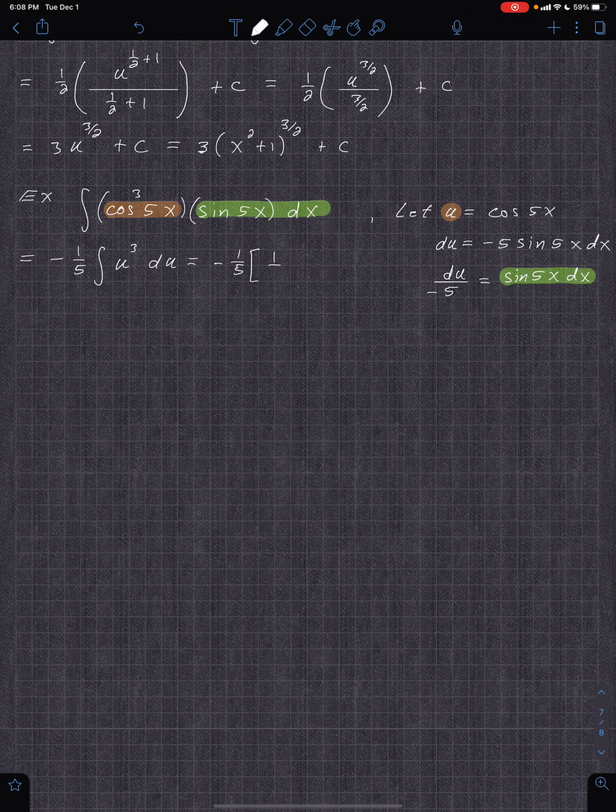So it's just 1/4 u to the 4th plus c. And then we continue to simplify. I'll just go ahead and work it out: 1/20. Substitute back: cosine 5x raised to the 4th plus c. That's pretty much it. You could bring the cosine in, but that's basically it.